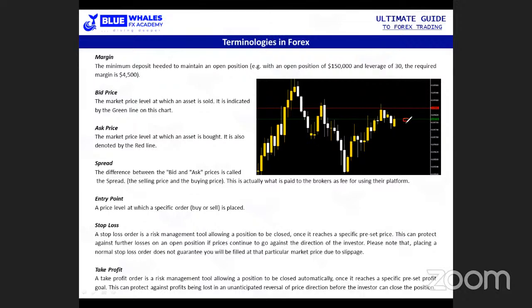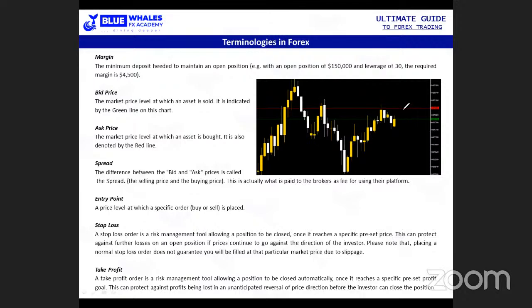It should have been registered here so that we continue being in profit as we are going down. Rather, it is registered here. So unless this red line comes below this one, we can't start being in profit. So you understand, it's a bit tricky, but don't worry, you'll get over it soon.